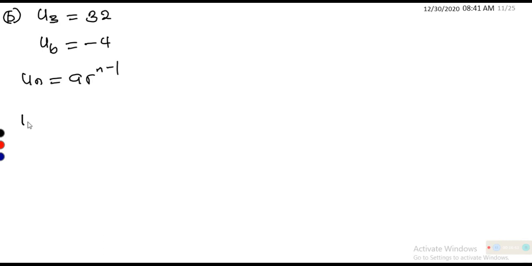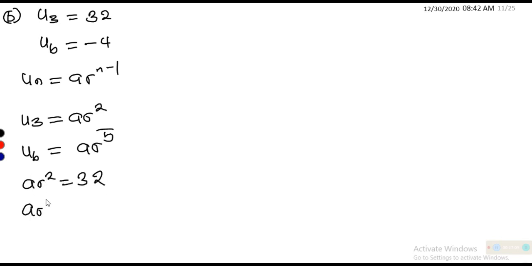So of course the formula for U3 will be AR squared, and for U6 we'll have AR to the 5, that's n minus 1. So AR squared equals 32 and AR to the 5 equals minus 4. Let's call these equation 1 and equation 2.